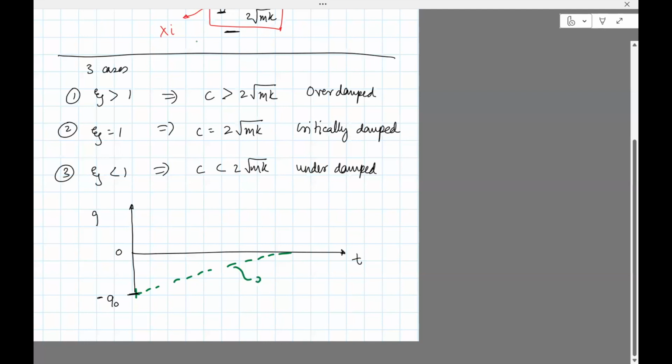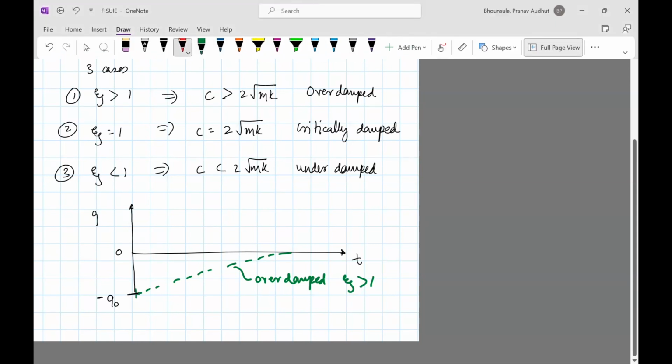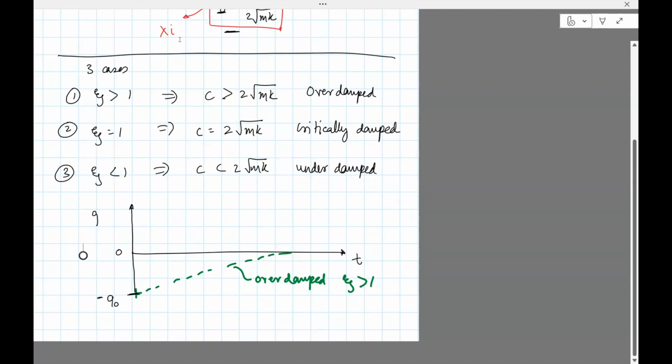It'll be something like this. On the other side, if you have underdamped, it will start oscillating.